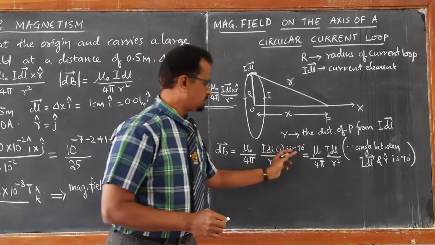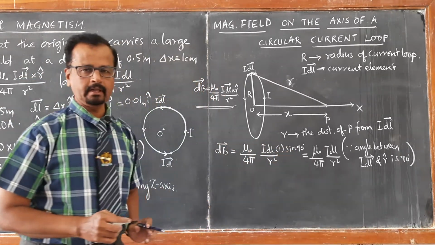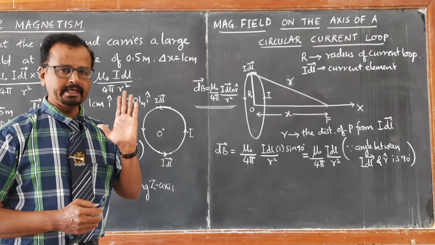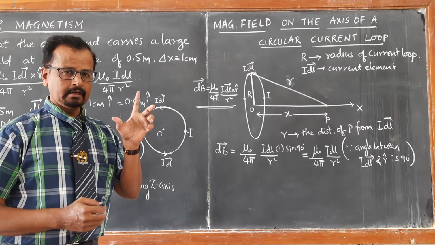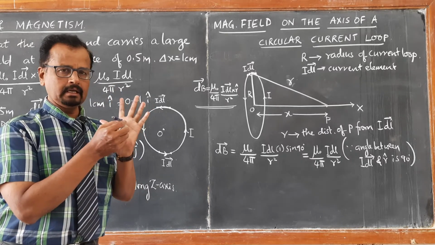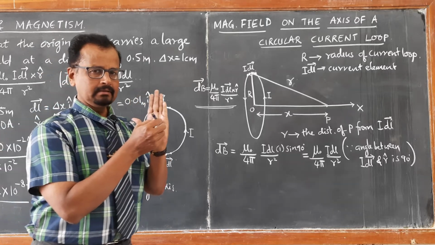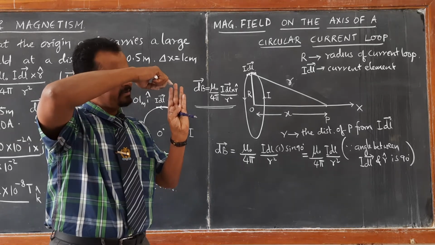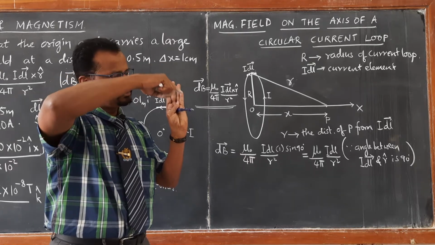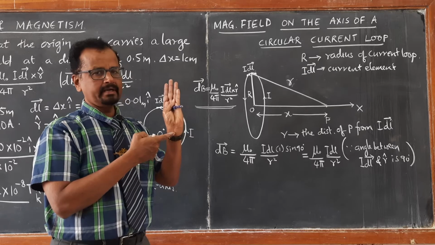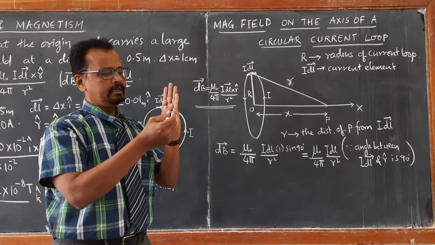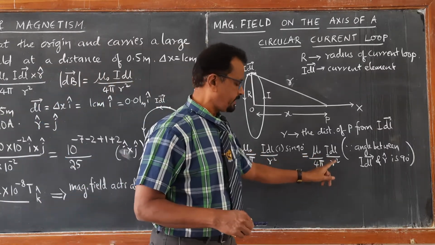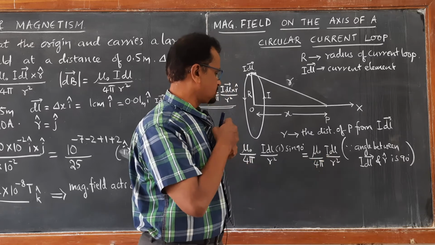That is what I have written, sin 90. You can take a circular bangle and hold a pen at the center of the bangle, like this. If you draw a line from the end point to this point, it makes an angle of 90 degrees. Therefore, finally we get mu naught upon 4 pi into Idl upon r square.